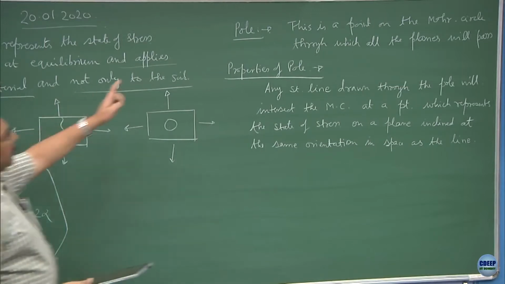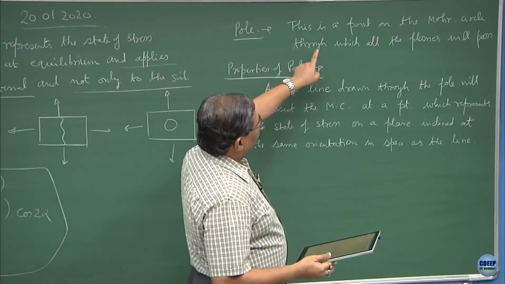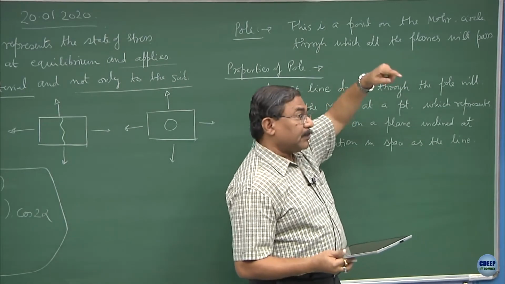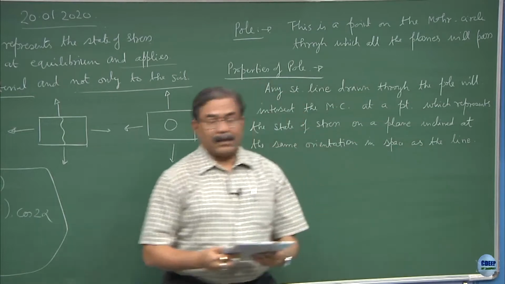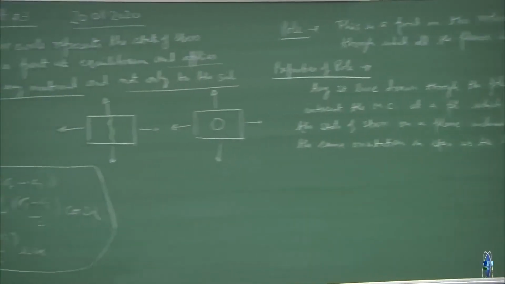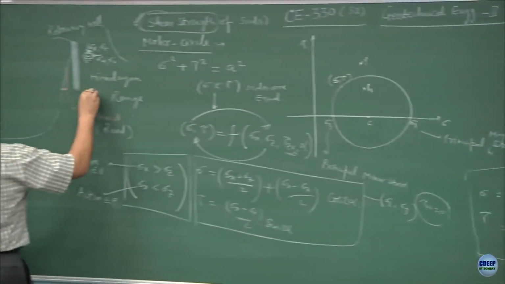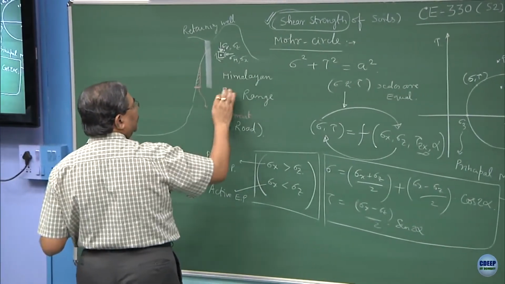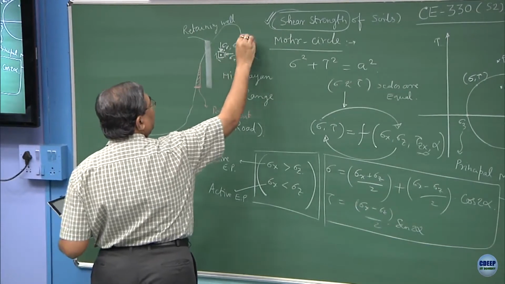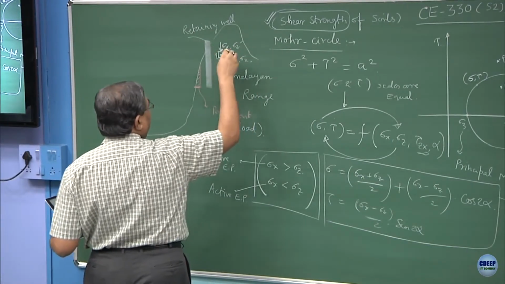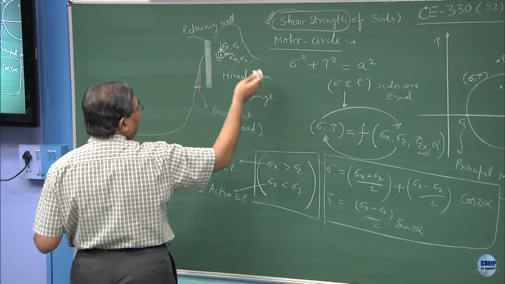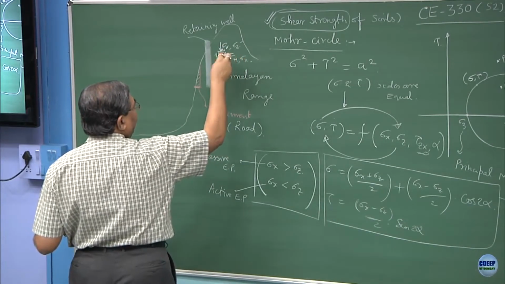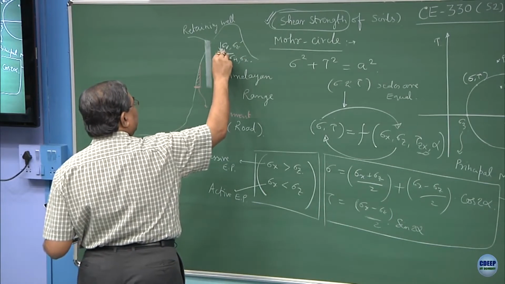So, pole is a point on the Mohr circle through which all the planes will pass. These are the planes on which the state of stress is known. Remember what I did, I took out an element from here, alright, and then I said we can continue on this itself. We know the state of stress here, tau also might be acting, if these are the principal stresses, tau will be 0, we have sigma 1, sigma 3, and then we are trying to find out what is the state of stress at this point.